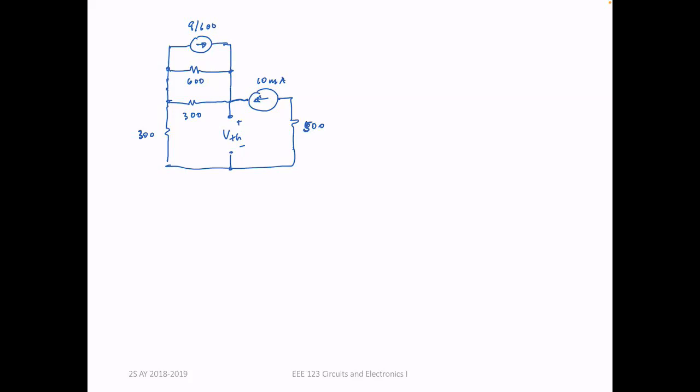Now these two are in parallel, so the parallel combination of that is 200. In my next iteration, I'll have 9 over 600, 200, 300. This is my VTH. My 10 mA and my 500.